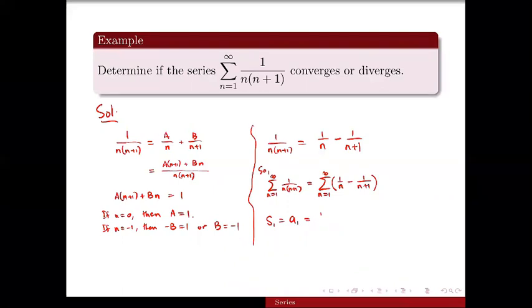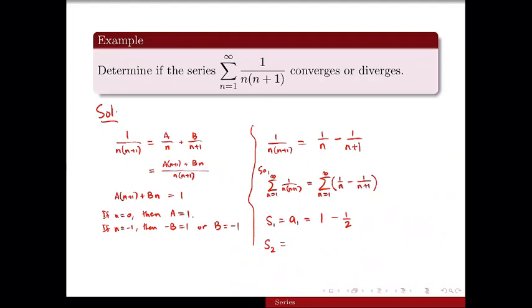So you have 1 minus 1 over 1 plus 1. So you'll have here 1 half. Of course, you may calculate this. This is just 1 half. But I'll not calculate that one.